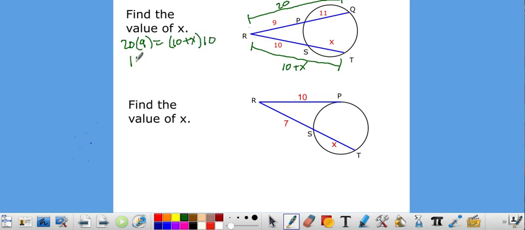So that means you have 180 is equal to, distributing in, 100 plus 10x. Subtracting 100, 80 is equal to 10x, so x is equal to 8. For this rule, it's the entire length times the outside. If you tried to do 9 times 11 equals 10 times x, you would not get the same answer. Entire length times the outside.